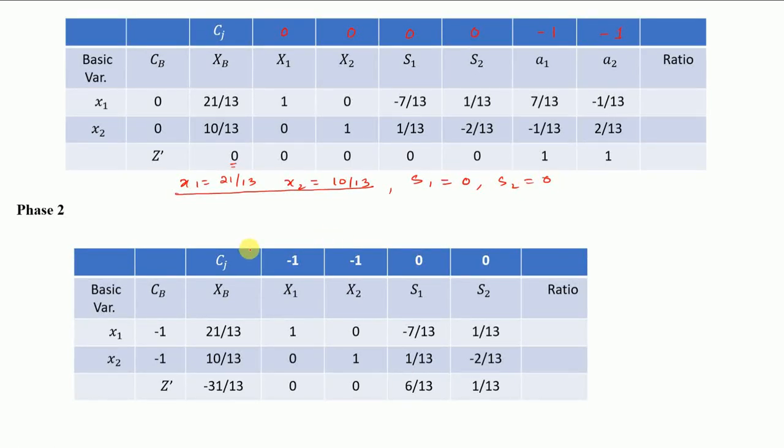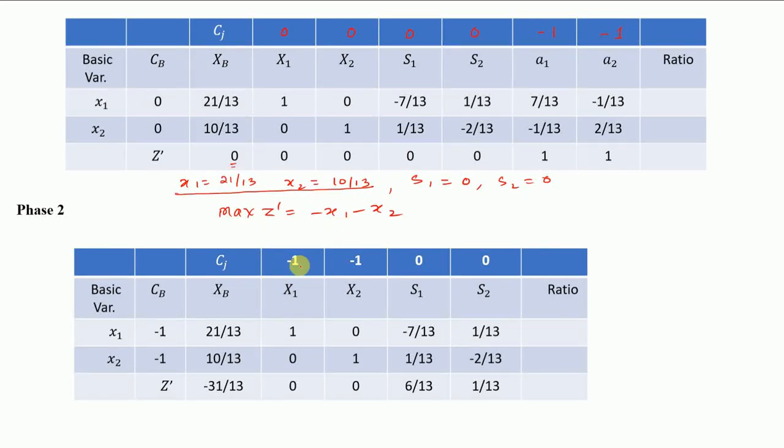And the objective function, remember the objective function was maximize z dash equal to minus x1 minus x2. So for phase 2 the objective function will be the objective function of the original problem. So this is the objective function, this is the initial basic feasible solution. So start with this one, form the simplex table with these variables only.